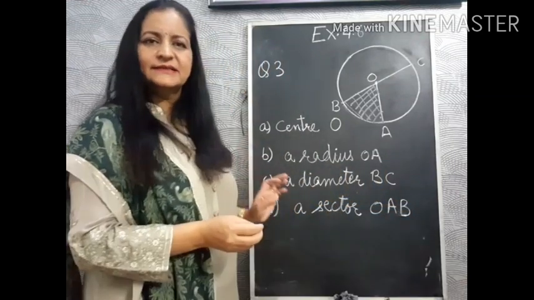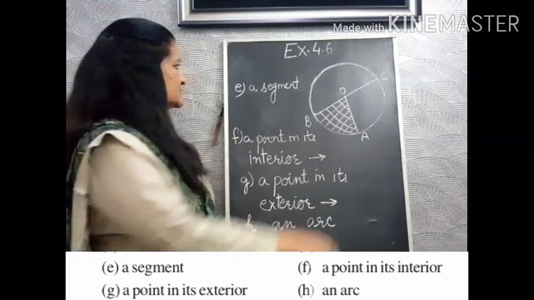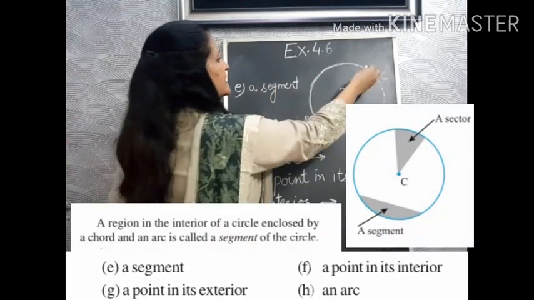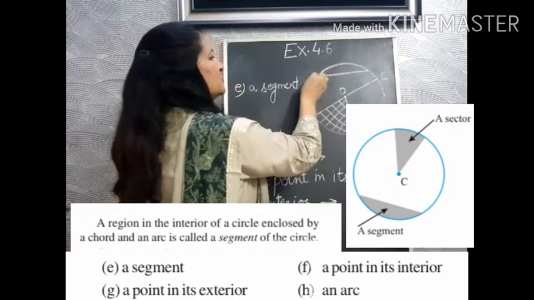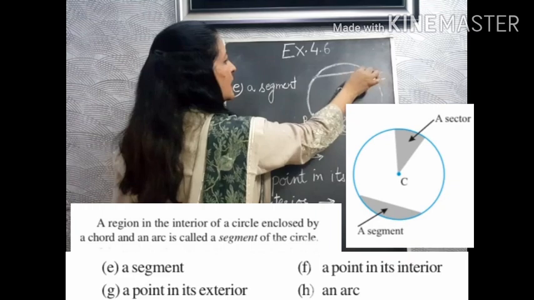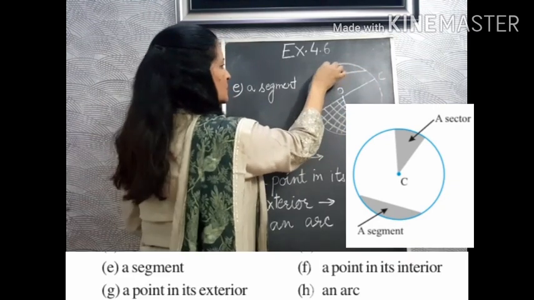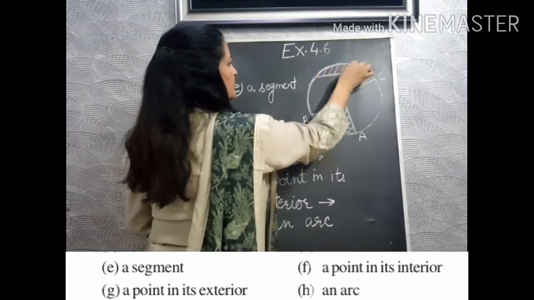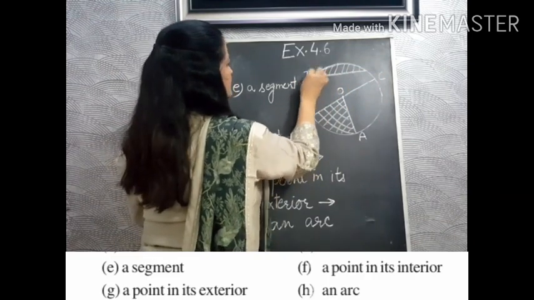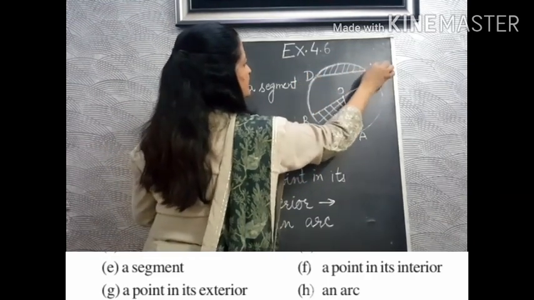This is our sector. Now E part is a segment. Segment is any portion of the circle between arc and chord. So here we have drawn this chord. Let us name it as DE.